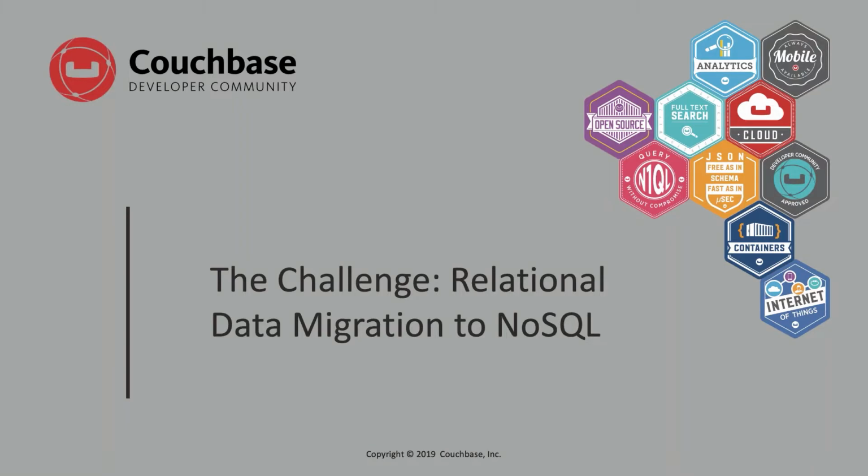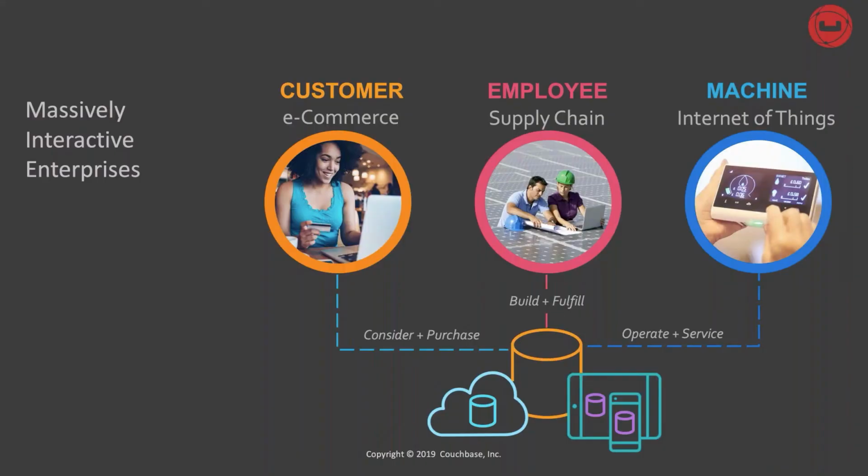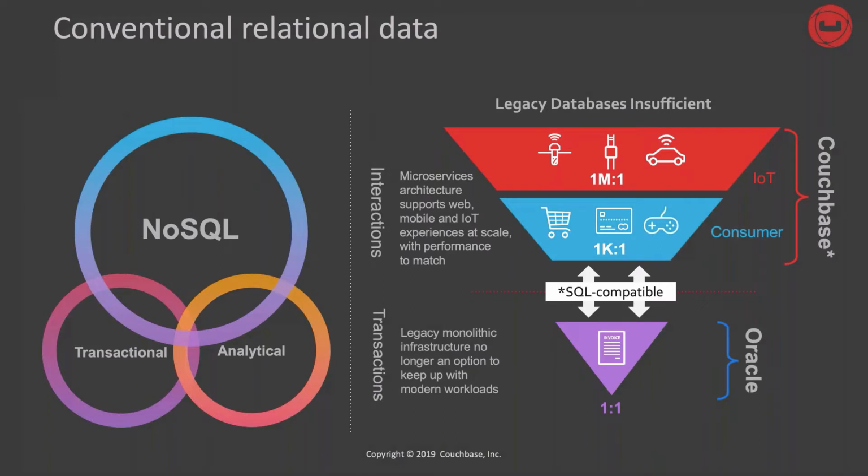Okay, the challenge, data migration of relational data to NoSQL. We all know that data demands are expanding for a variety of reasons in the modern time here. We know that our relational systems are challenged in terms of being able to deliver on our application promises to the world.